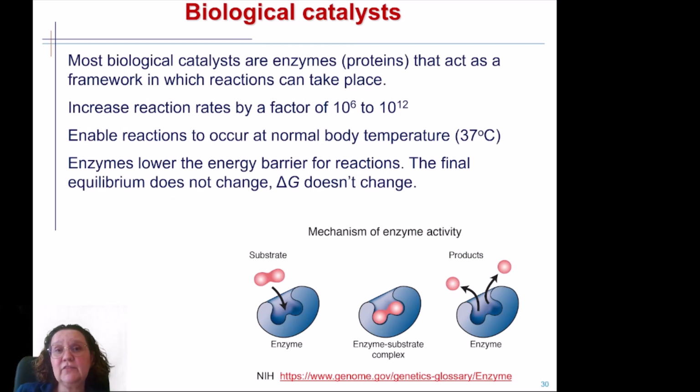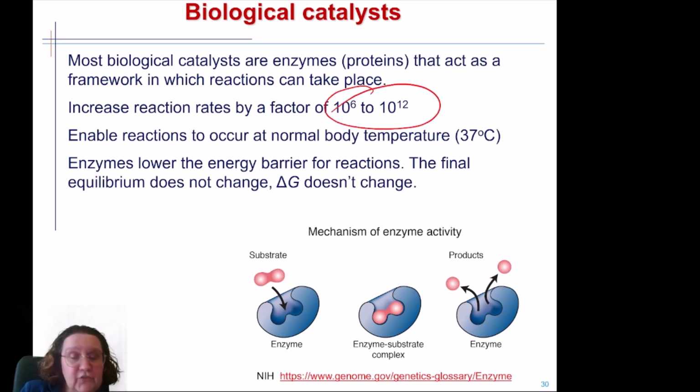Most biological catalysts are enzymes, proteins that act as a framework in which the reaction will take place. They are fantastic catalysts. They enable reactions to occur at normal body temperature, 37 odd degrees, and they increase reaction rates by a factor of 10 to the 6 to 10 to the 12. So they are hugely efficient.